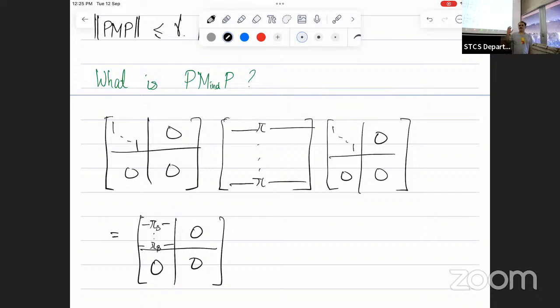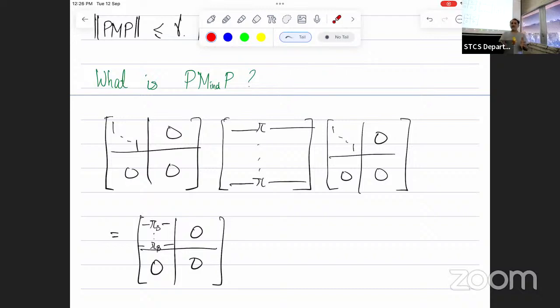Now, can someone look at this matrix and tell me what the spectral norm of this matrix is going to be? Why is the spectral norm of this at most mu? It's essentially a stochastic matrix. Obviously, the coordinates outside of B don't matter because they are made 0, so you should really just be thinking of the spectral norm of this part of the matrix. And that is a matrix where every row sums up to some specific quantity. What is that quantity?